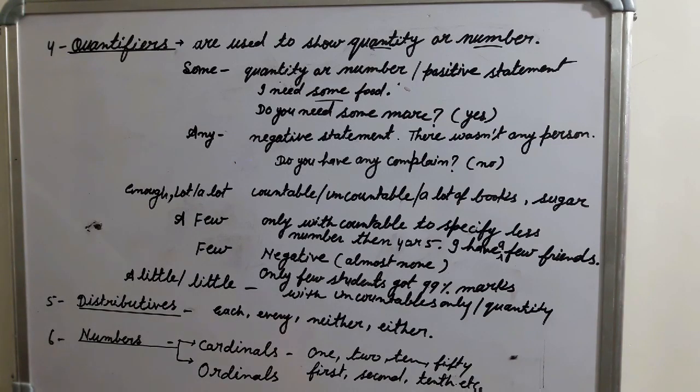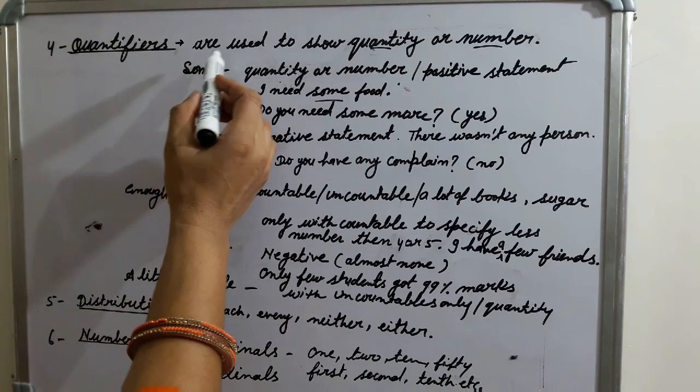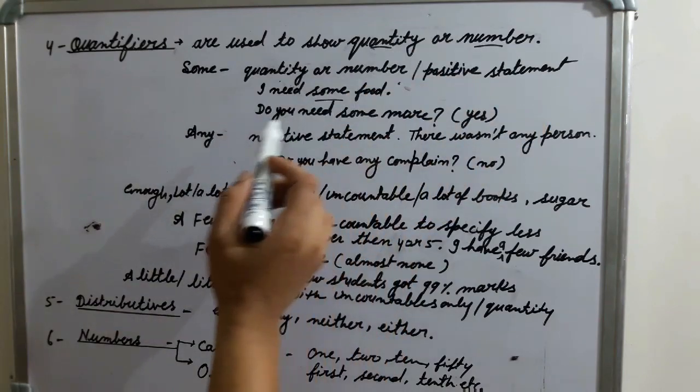Fourth type of determiner is quantifier. Quantifiers are the words used to show quantity or number.